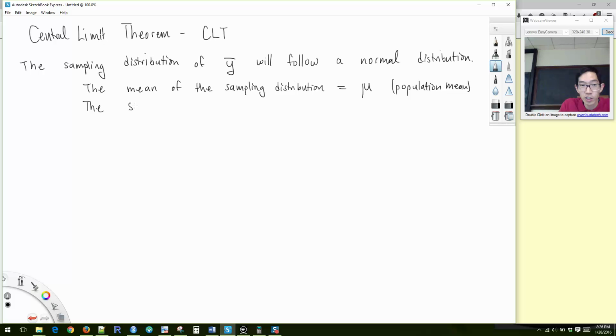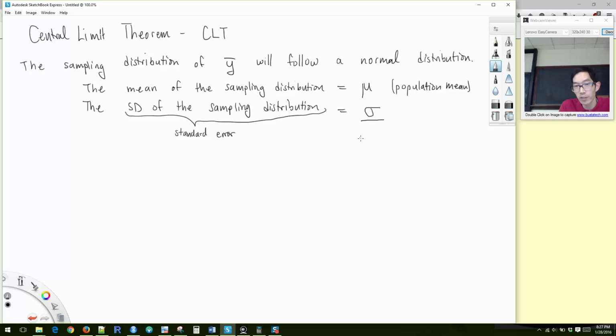The standard deviation of the sampling distribution, and another name for it is sometimes the standard error, is equal to sigma, the population standard deviation, divided by the square root of n.